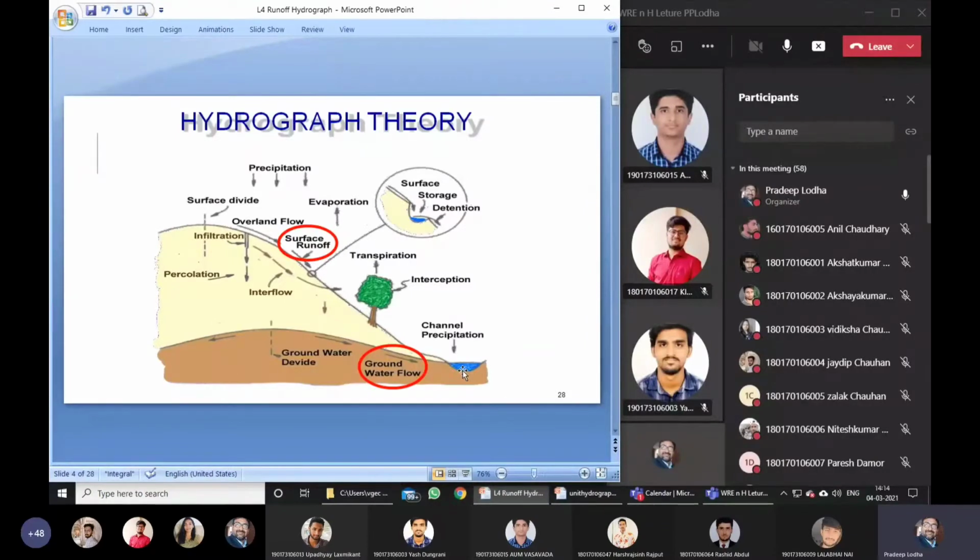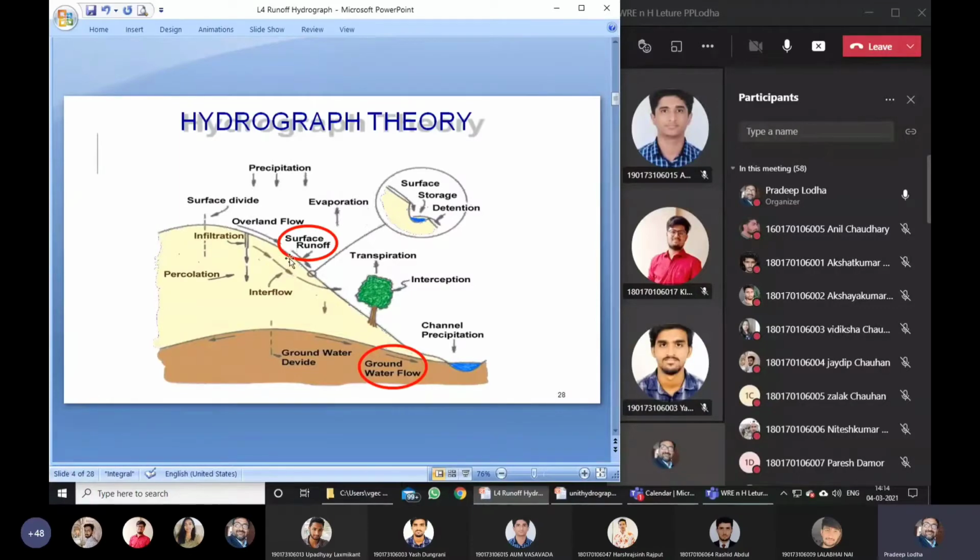Time means daily or hourly, say morning 7, then 8, 9, 10, or Monday, Tuesday, and all 365 days of the year, for 10 years. We measure the flow on the Narmada at the Kevadia cross section versus time. So all the ordinates represent discharge in the Narmada river at Kevadia. That is a hydrograph.